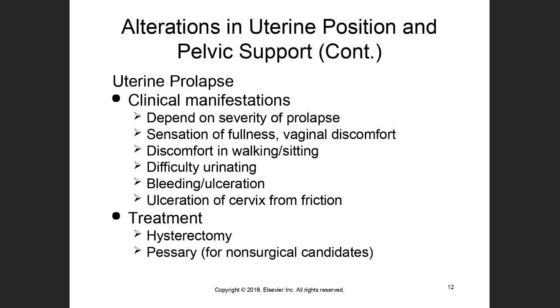That is complete prolapse. Clinical manifestations depend on severity of prolapse: sensation of fullness, vaginal discomfort, difficulty urinating. The treatment is hysterectomy or pessary. A pessary is a device that you put in the vagina to keep the uterus in place.